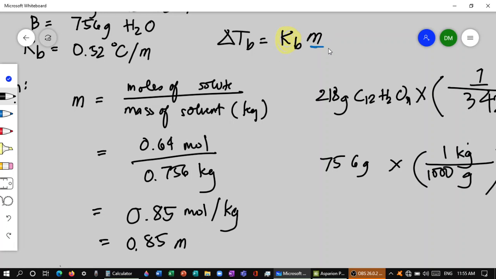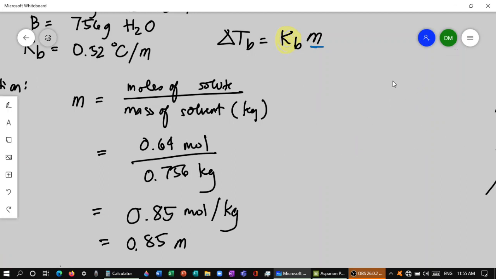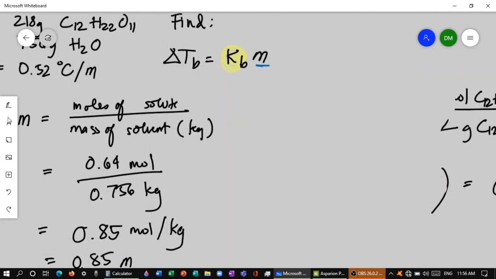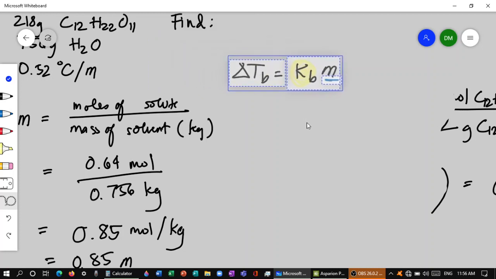So we now have the molality, we can compute for the boiling point elevation. Okay, again, let's use this formula. Okay, so let's substitute the values.